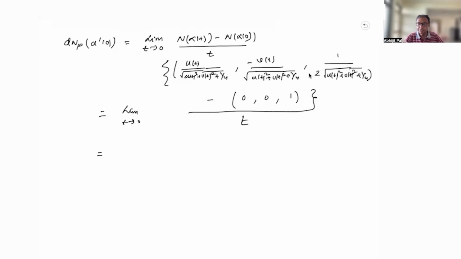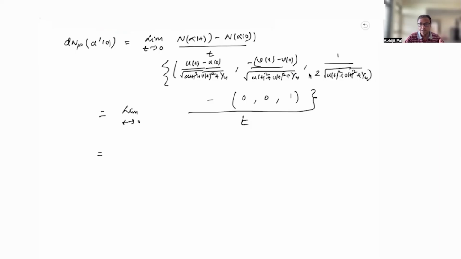So in the first coordinate, you can take u(t) minus u0 because u0 is equal to 0, and in the second coordinate, you can take v(t) minus v0. In the first coordinate, the limit as t tends to 0 of (u(t) minus u0) divided by t is equal to u prime 0. And u and v are continuous functions, so u(t) goes to u0, which is 0, as t tends to 0.